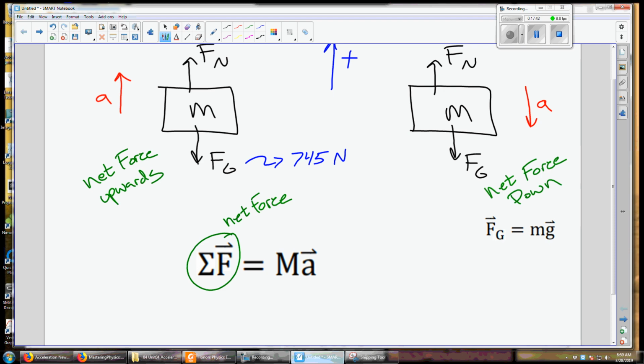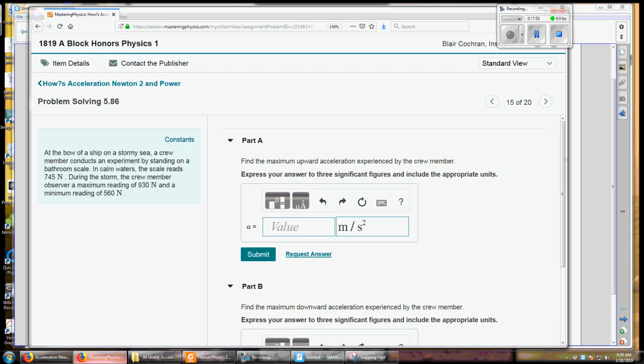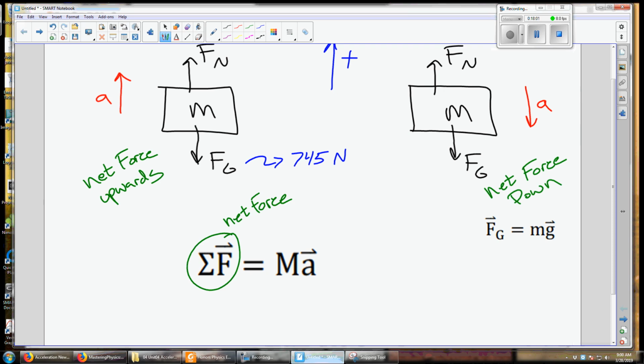I forgot what we want to know. Acceleration. So, the net force here, when we're accelerating upwards, is upwards. What does that mean about the normal force compared to the gravitational force?